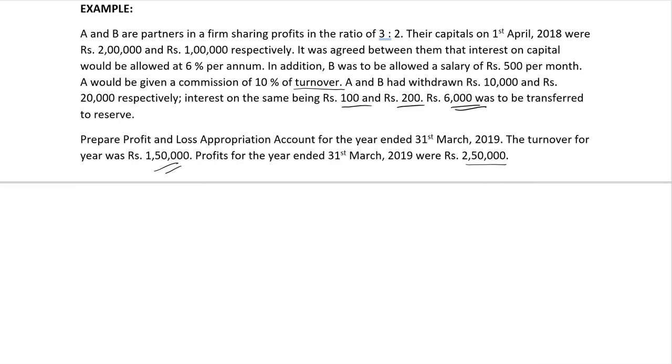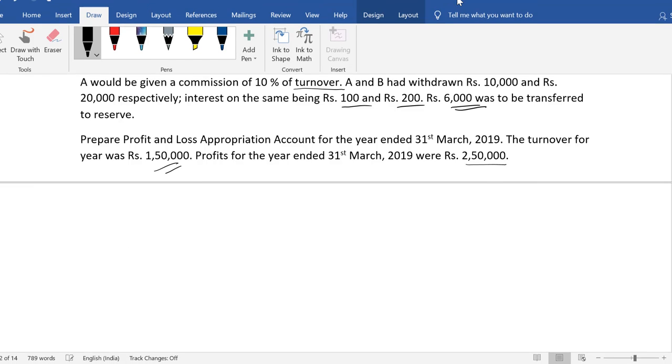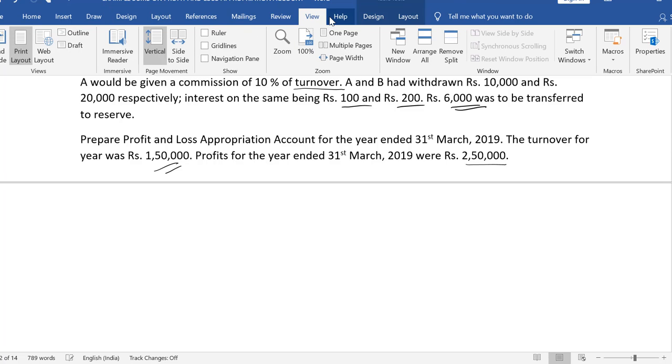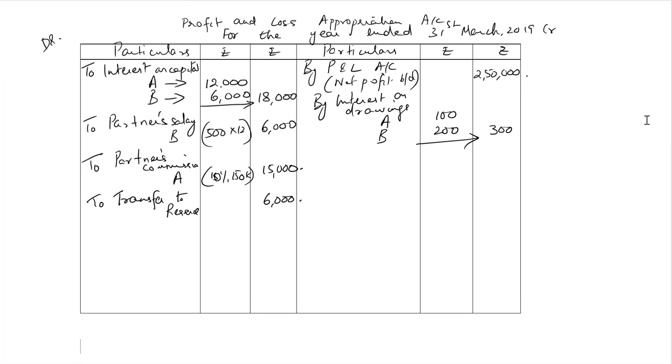I'll remove the split and we can balance the account. So this is the profit and loss appropriation account. Credit side total is greater, 2,50,300. On totaling the debit side, we get rupees 45,000.